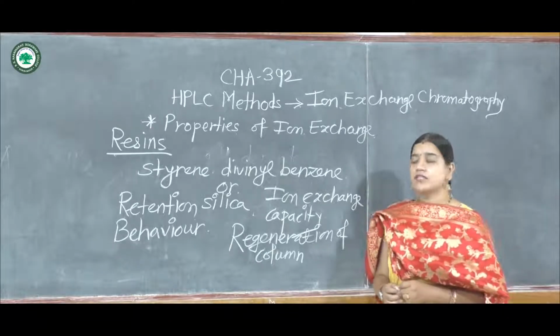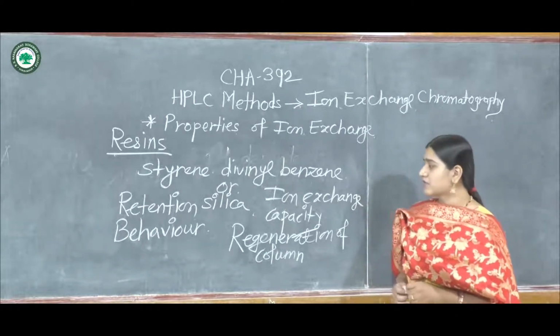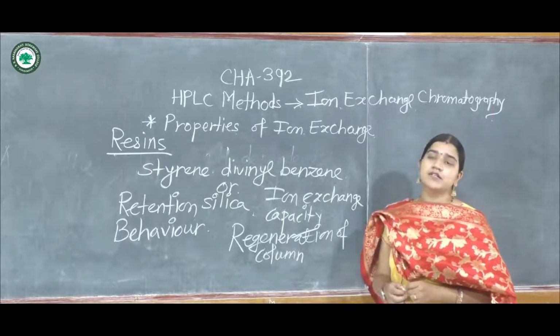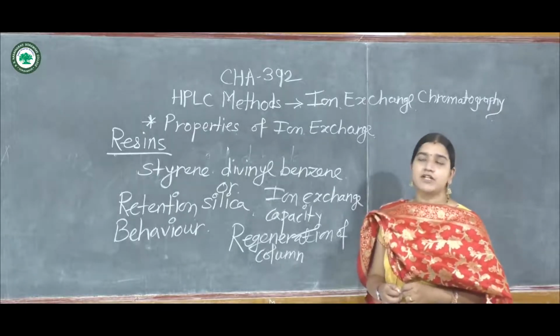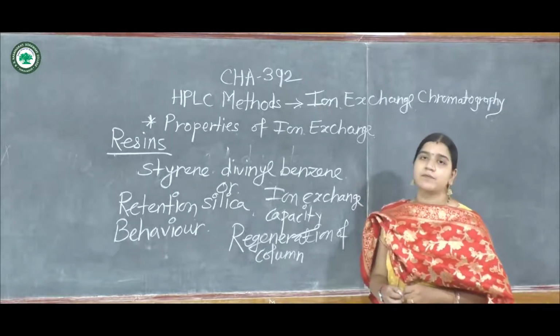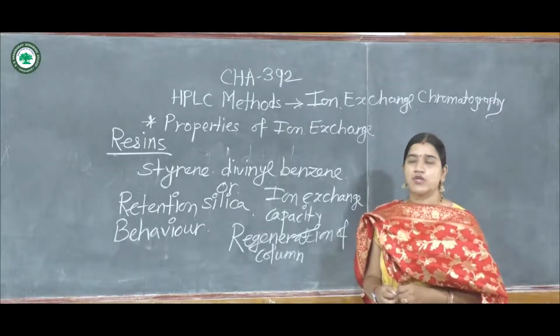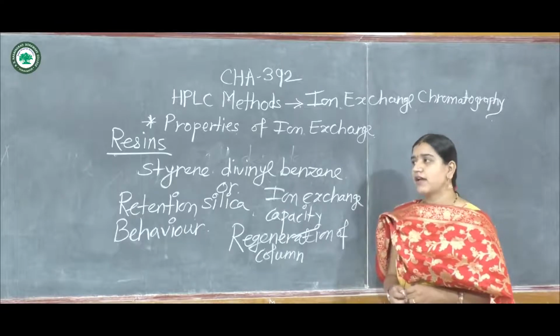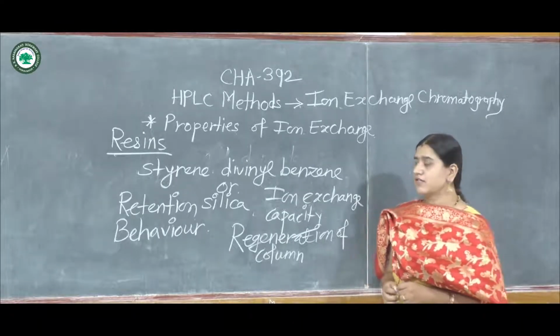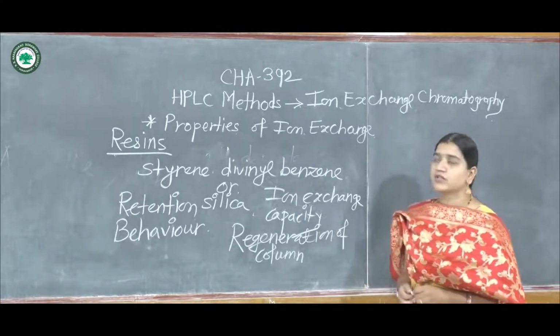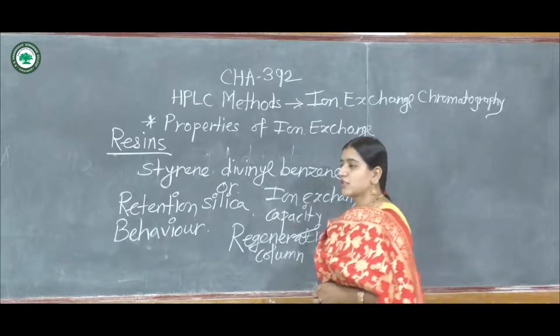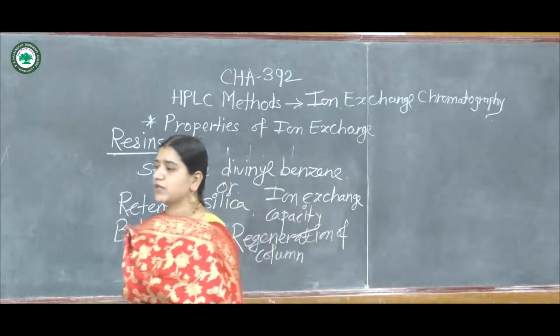At that time the regeneration of the column is very important. Then you can regenerate the column, and after regeneration it is again available with its active ions, such as H plus or OH minus ions, and then you can further use it. So the regeneration of the column is a very important step.